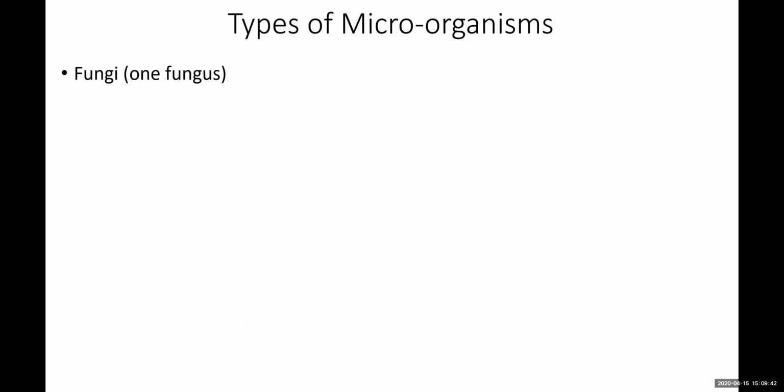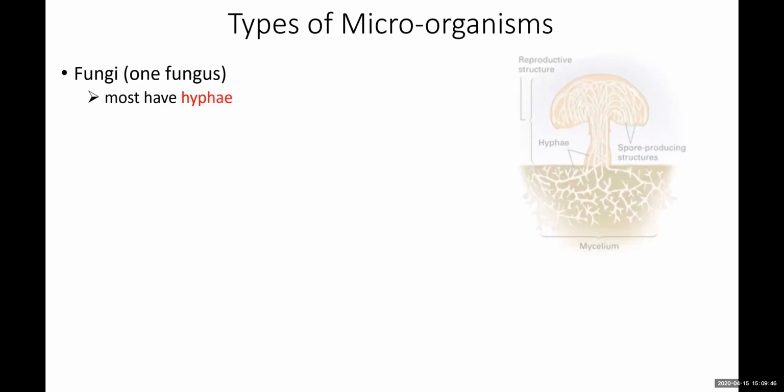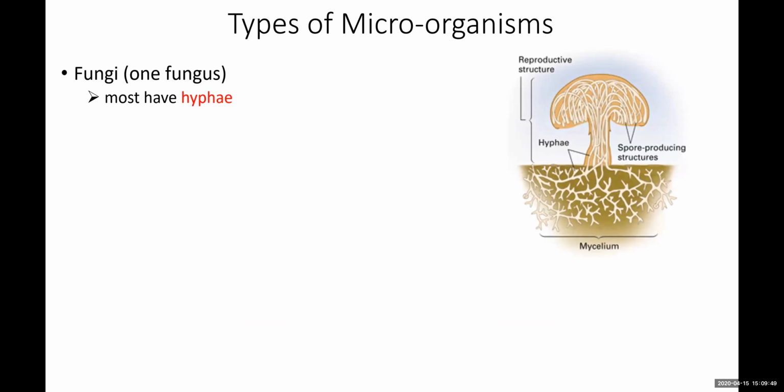And basically fungi, we have a couple of types. The first and most common type, they have hyphae. Now hyphae is in the fungus. In the picture we can see the mushroom, and inside we have the hyphae, and it's kind of the roots inside the main mushroom and the reproductive structure.